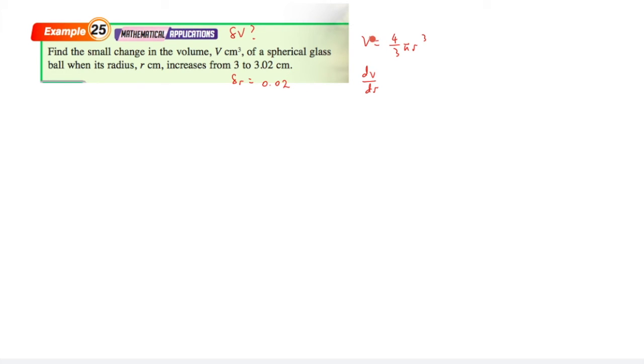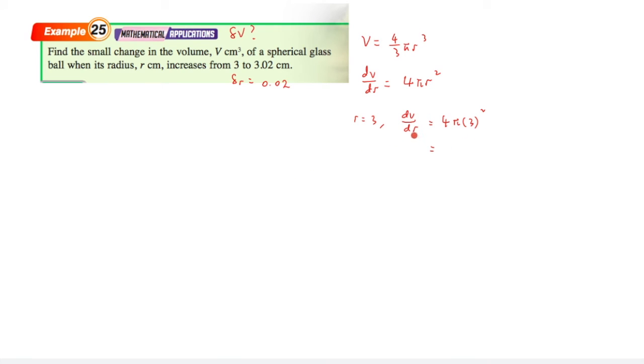So for dV dr, when r equals 3, the original one, what is your dV dr? Now dV dr is 4 pi r squared. When r equals 3, dV dr equals this.